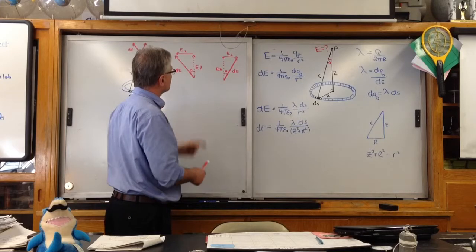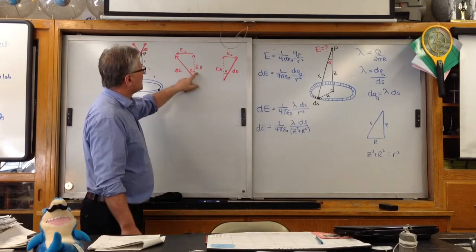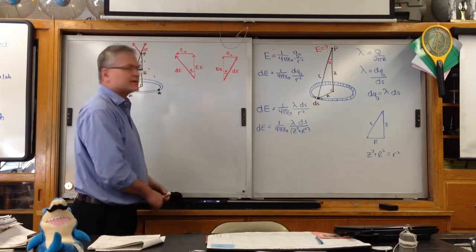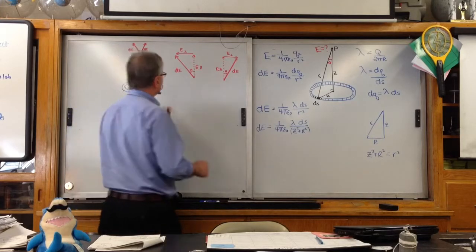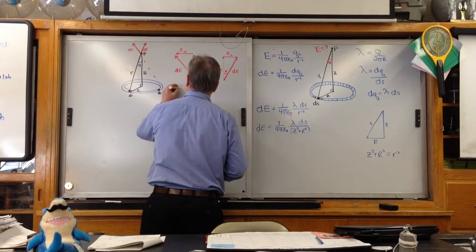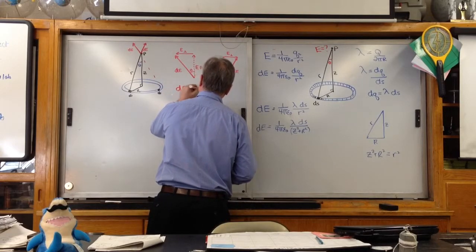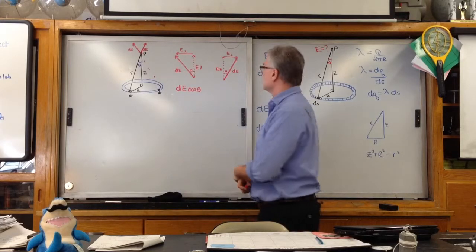All right, now if we look at the triangle, what trig function are we going to use when we have the side that's next to the angle, also known as the adjacent? I smell cosine. So let's take a look at this. We end up with the hypotenuse, dE, cosine of the angle, and that's going to give us the electric field from that side.